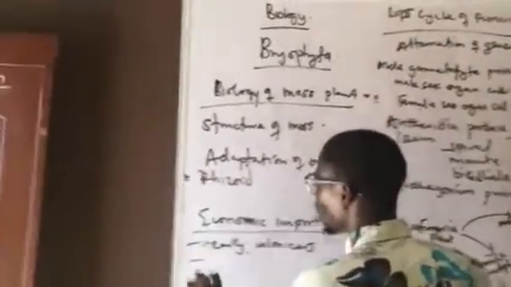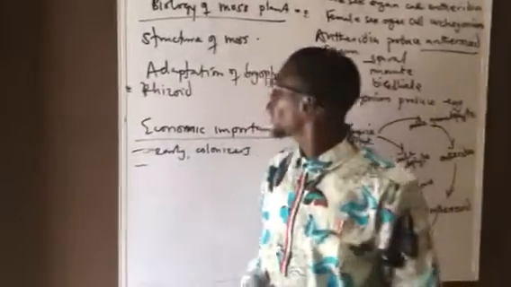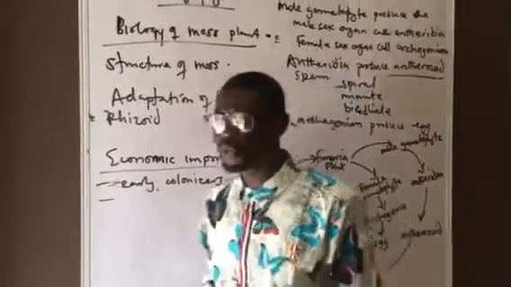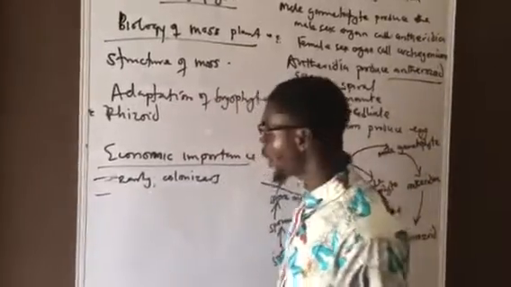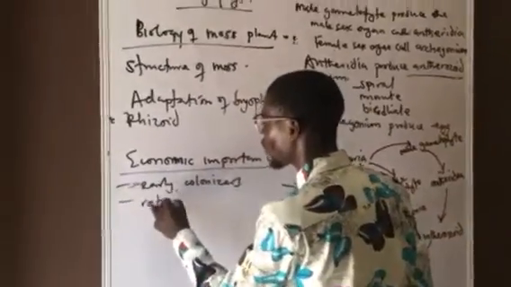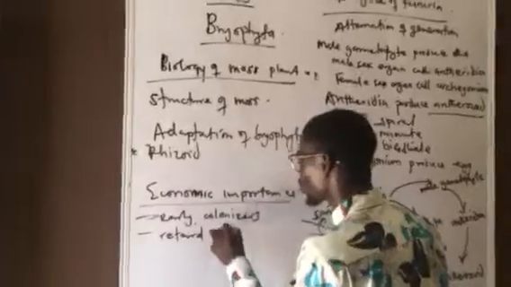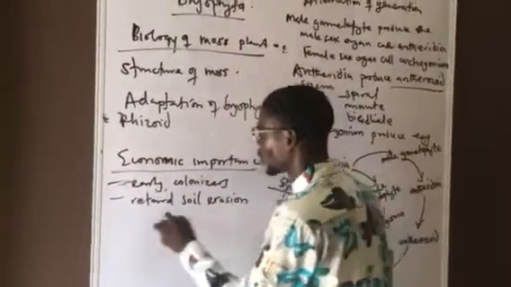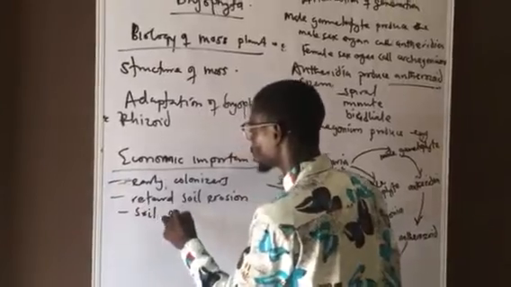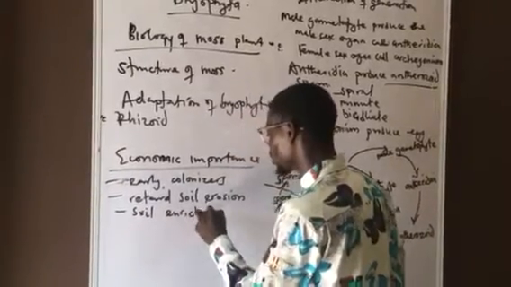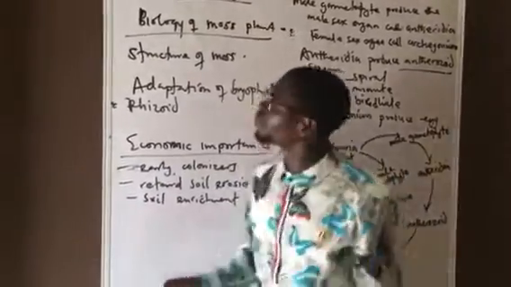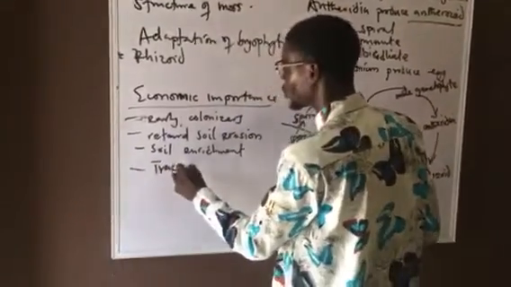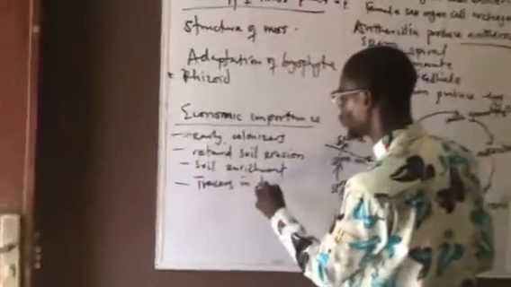After the lichens, we have the bryophytes. They are also responsible for retarding soil erosion. They are also responsible for soil enrichment. That is their economic importance, and they can be used as tracers in plant evolution.